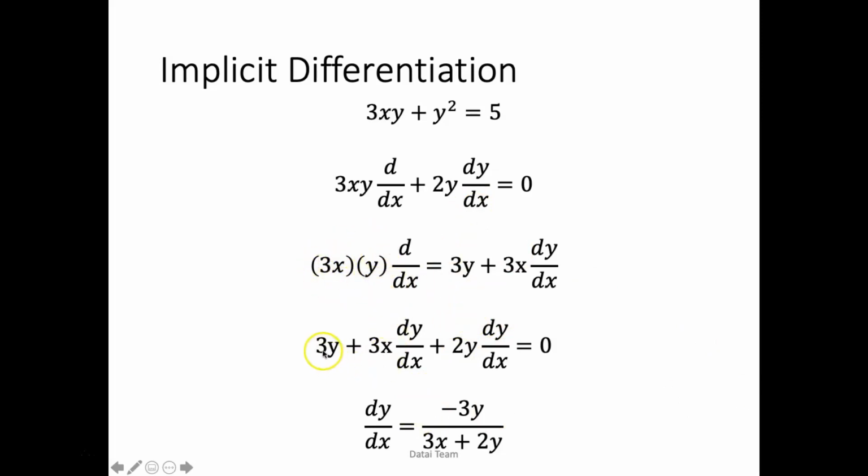We got 3y plus 3x dy dx and added it with this. And here we have y prime or dy dx as a function of y, which is also a differential equation. But for now, we don't need to solve how to find differential equations, so you can leave it like this.